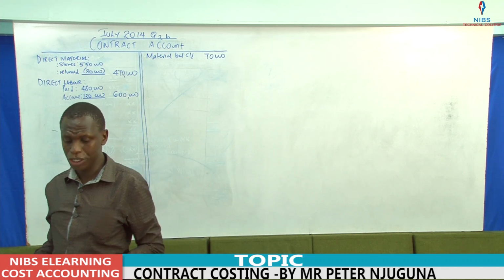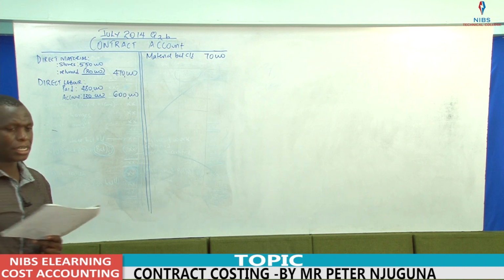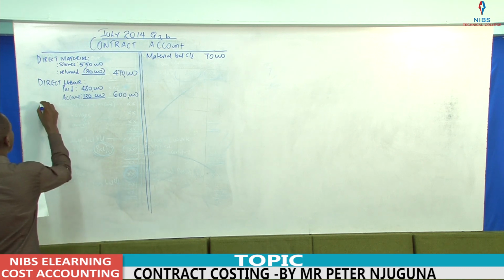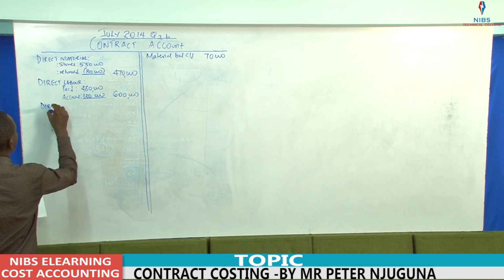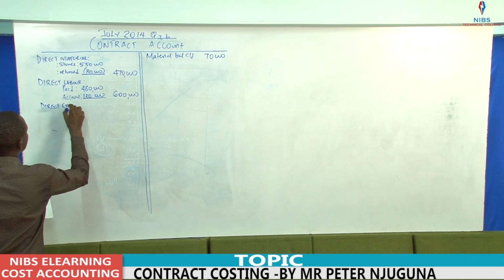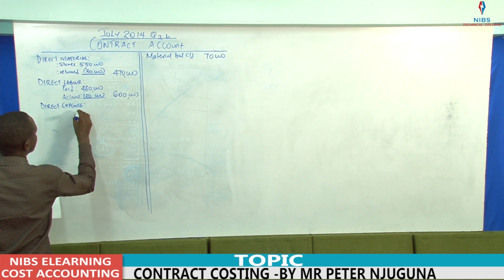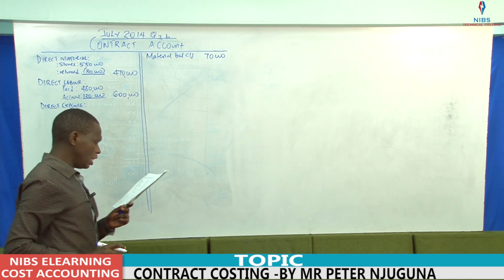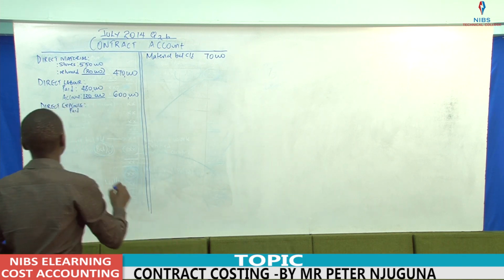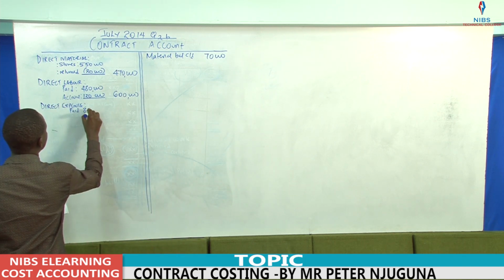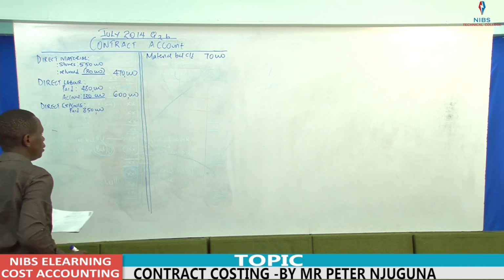Let us move on. Direct expense. The one which was paid. How much was paid? 850,000.